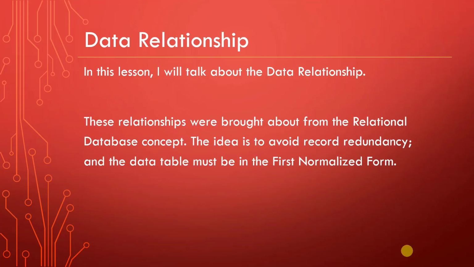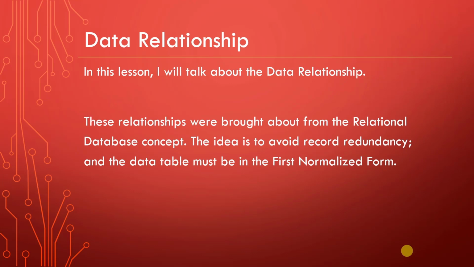In this video, I want to talk about the data relationship. These relationships were brought about from the relational database concept. The idea is to avoid record redundancy and that the table must be in the first normalized form.